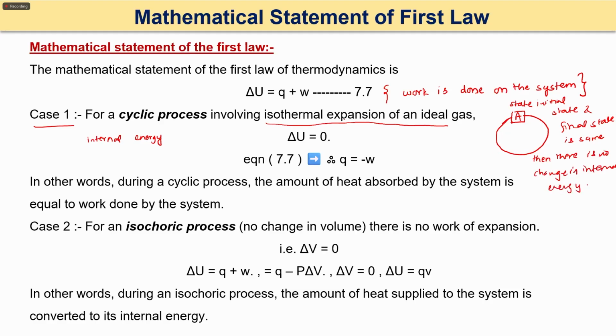If delta U is zero, then what will happen?